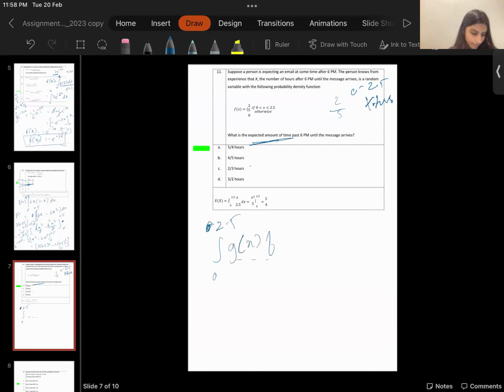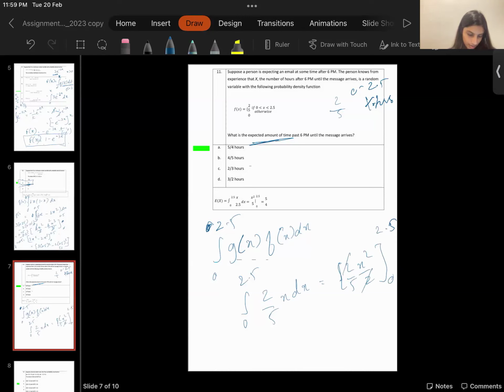So here, integral of g of x, f of x dx, from 0 to 2.5. Your f of x is 2 by 5, and g of x is x, dx. So now you will get 2 by 5, x becomes x square by 2, from 0 to 2.5.